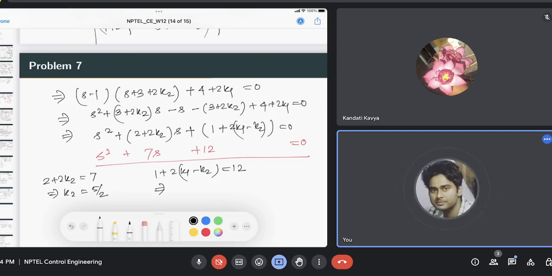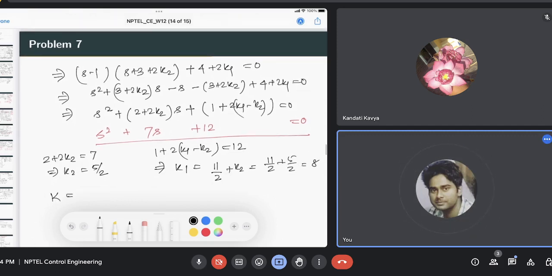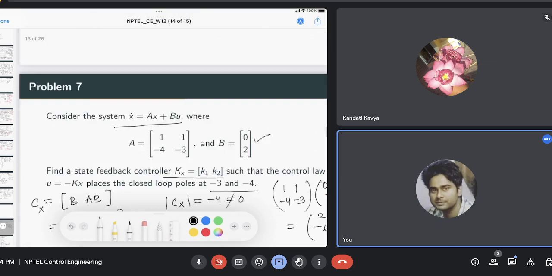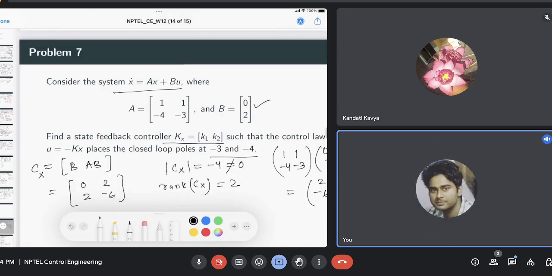So k1 equals 11 by 2 plus k2, which is 11 by 2 plus 5 by 2, so it is 8. So we get the K matrix as [8, 5/2]. This gain will place our closed loop poles at -3 and -4.